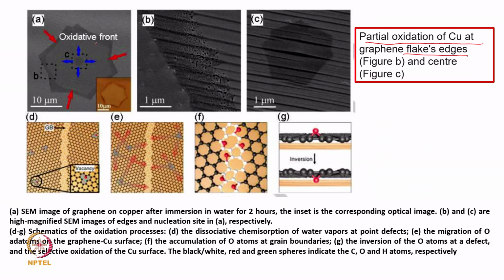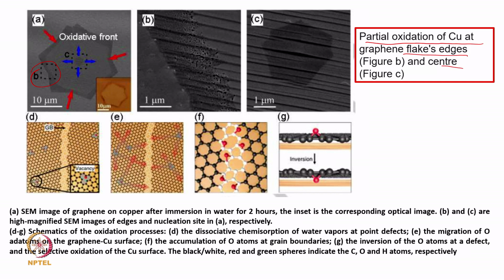Here the edge H is shown, and a cut C, and some sort of patch. The graphene edge is getting partially oxidized because of the presence of oxygen, which comes from water and gets absorbed on this surface, while at the center patches are also shown. So, it is some sort of corrosion.